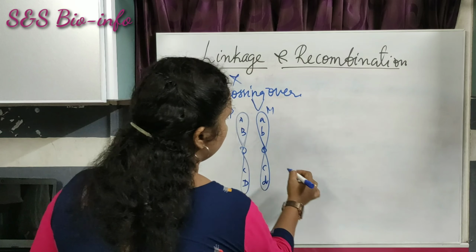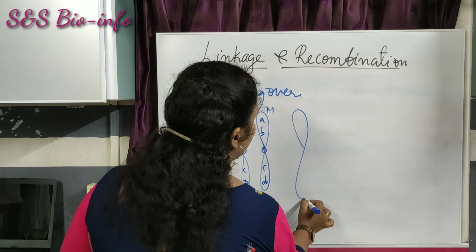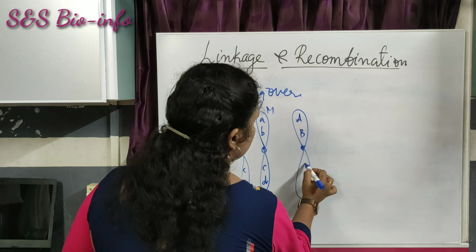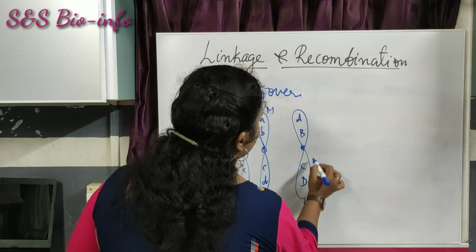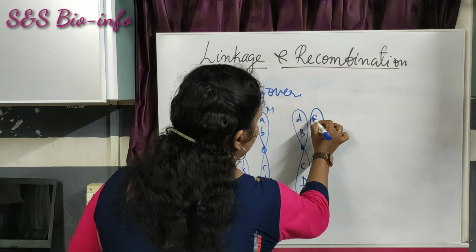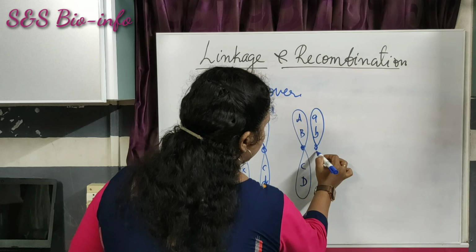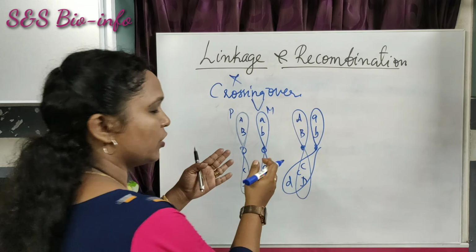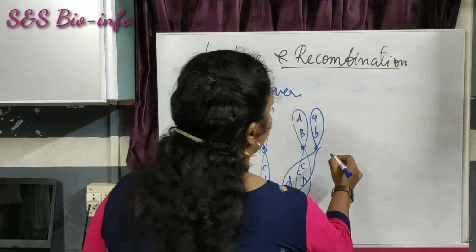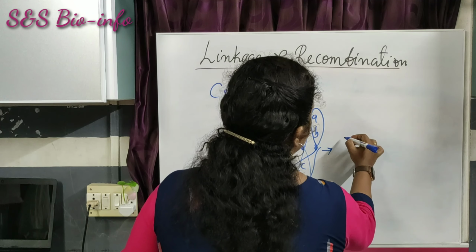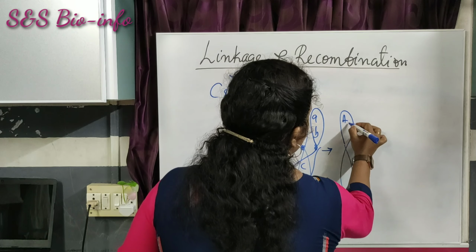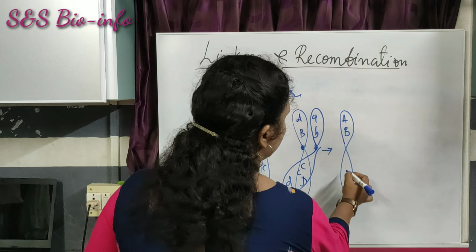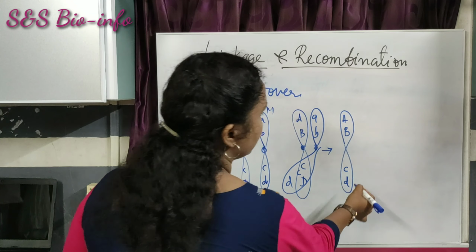If pairing happens, it can be shown like this. The paternal chromosome A, B, C, D. A, B, then if crossing over happens, c, then d. So crossing over occurs like this. What would be the result? One chromosome with the dominant alleles A, B, then small c, small d, two recessive alleles.